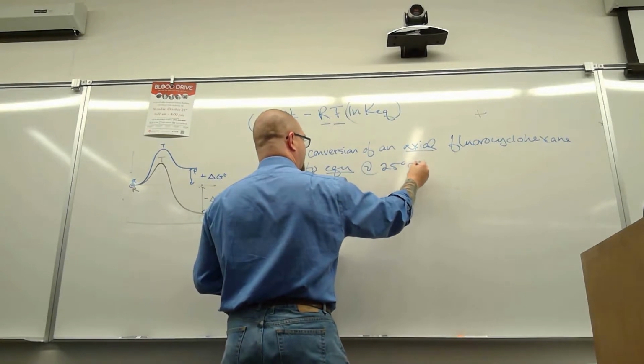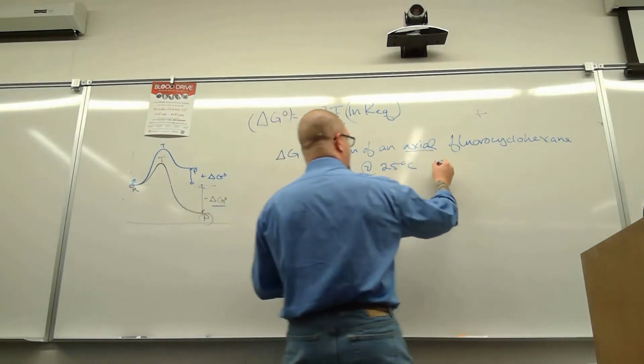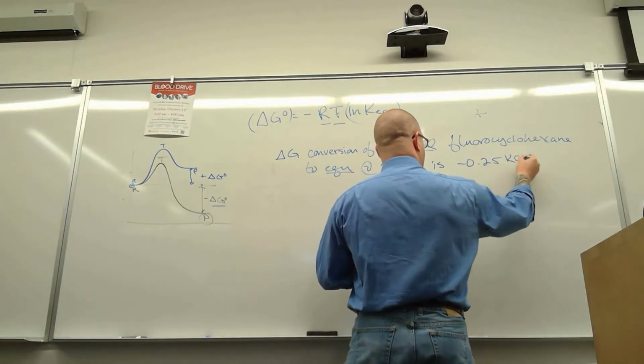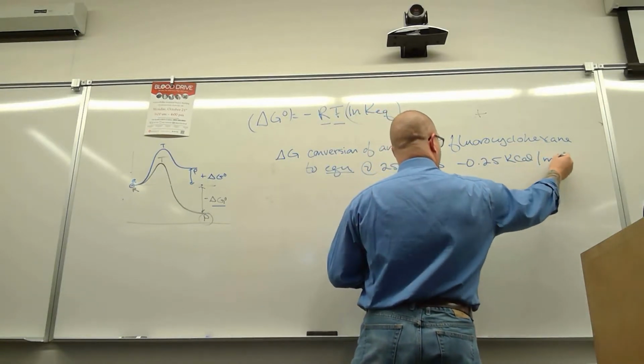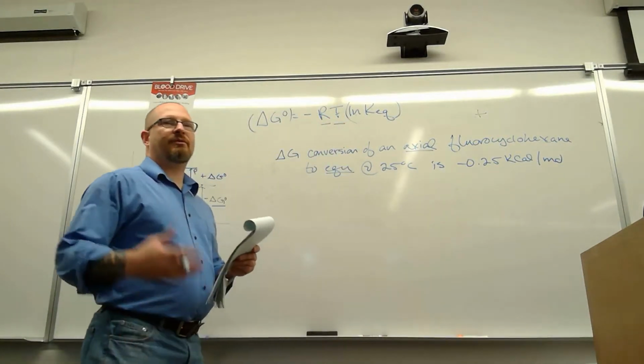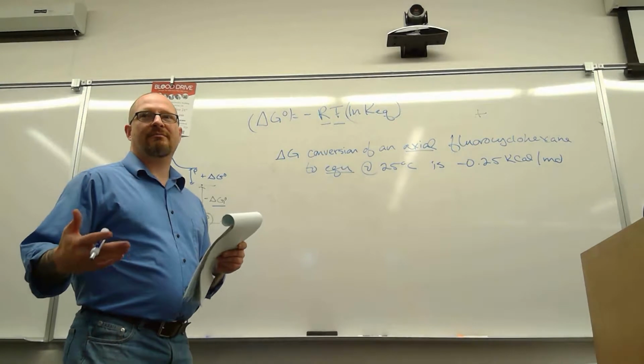at 25 degrees Celsius, which is negative 0.25 kilocalories per mole. This is a little odd because we're using kilocalories instead of joules, so we're using a different value for R than what you are probably accustomed to.